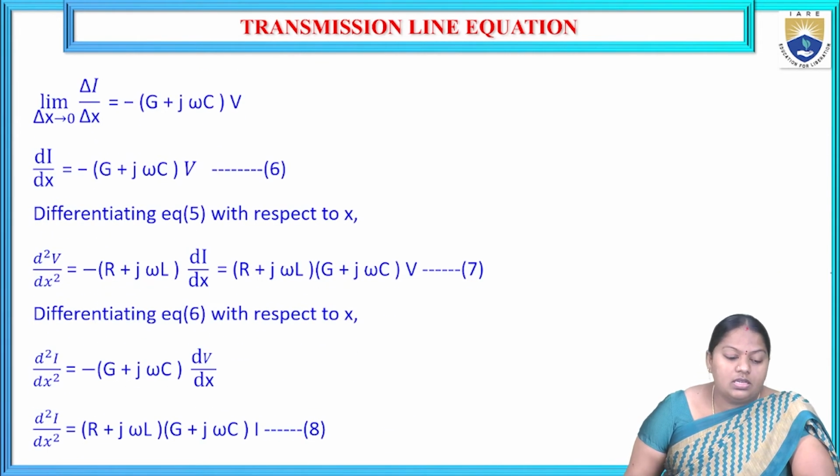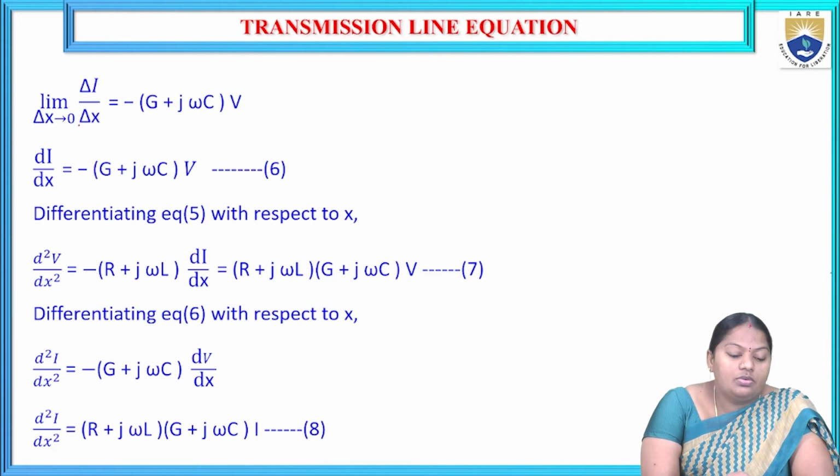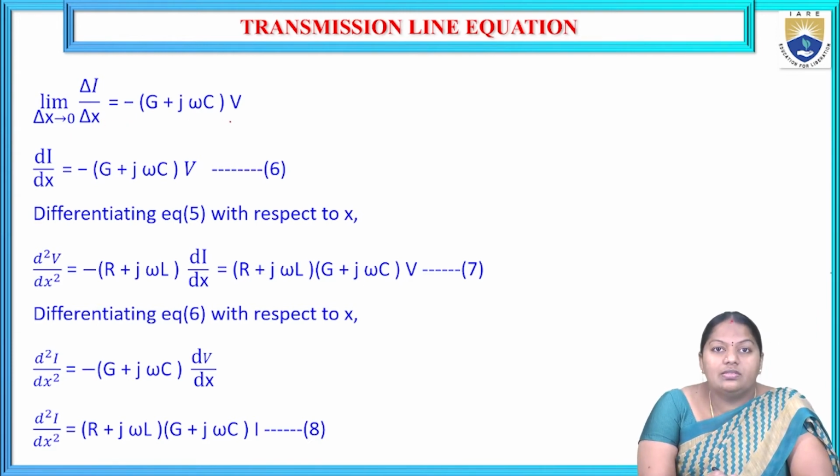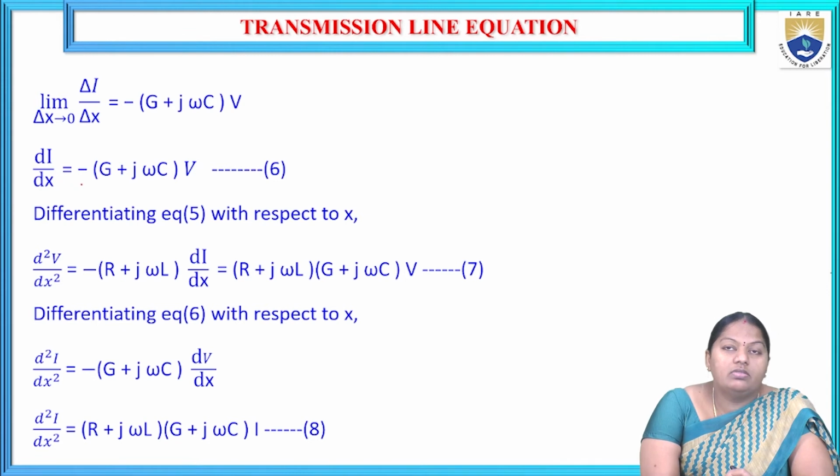Next, similar to that voltage equation, the current equation can be written as limit delta X tends to 0, delta I by delta X is equal to minus of G plus j omega C into V. By changing this, dI by dx is equal to minus of G plus j omega C into V. Consider this as equation number 6.